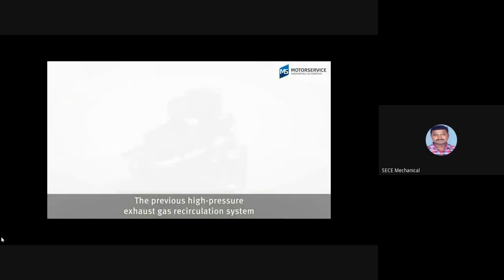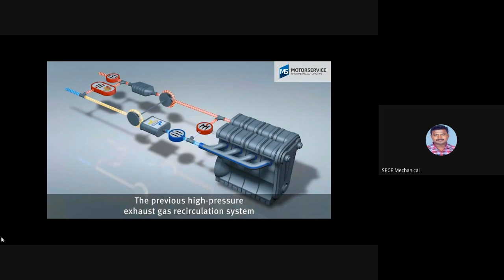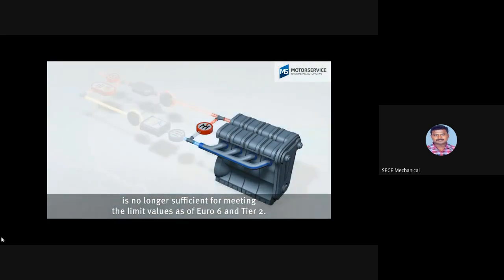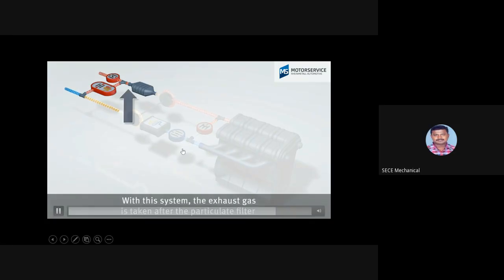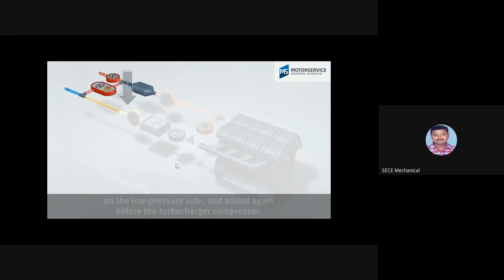The previous high-pressure exhaust gas recirculation system is no longer sufficient for meeting the limit values as of Euro 6 and Tier 2. An additional low-pressure EGR system is required. With this system, the exhaust gas is taken after the particulate filter on the low-pressure side and added again before the turbocharger compressor.